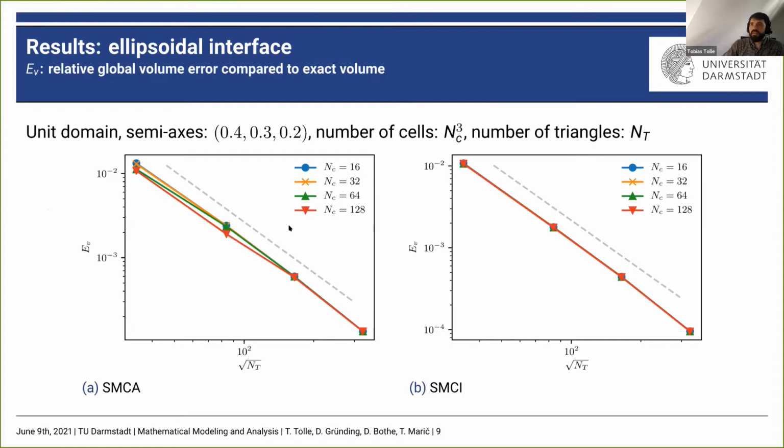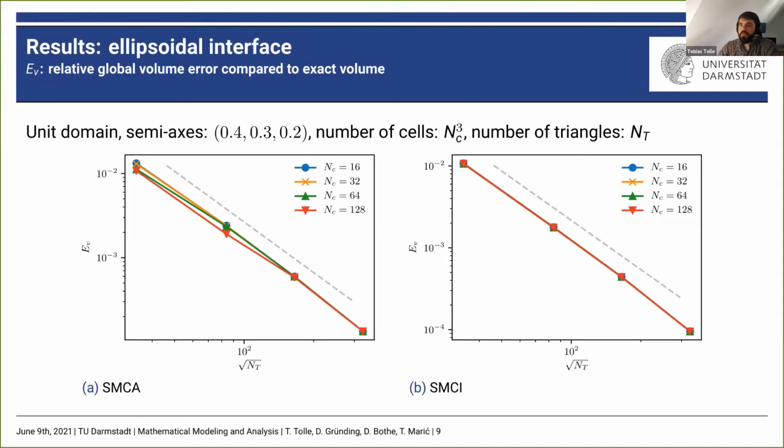We have done this for resolutions of 16 to 128 cells in each direction. And here on the x-axis, you can see the square root of the number of triangles. You can see that both for the approximative algorithm and the one using geometrical intersections, we can achieve second order convergence with respect to the surface resolution, which is nice.